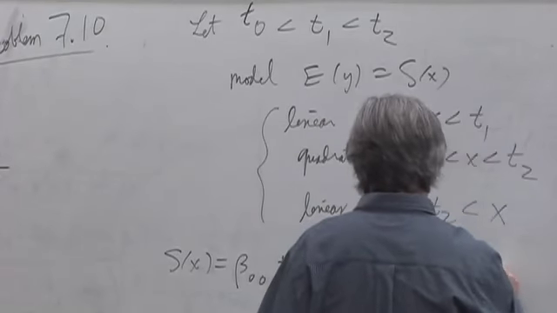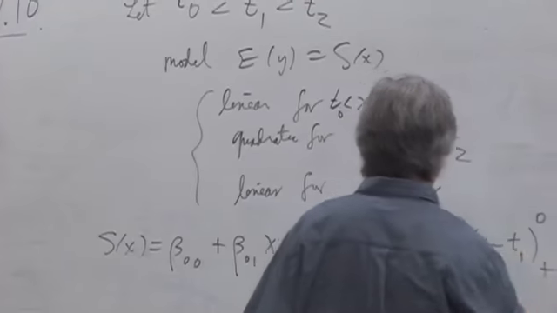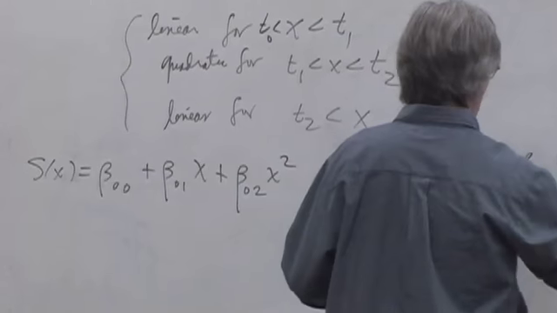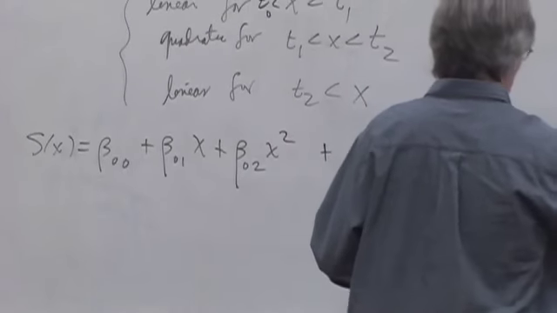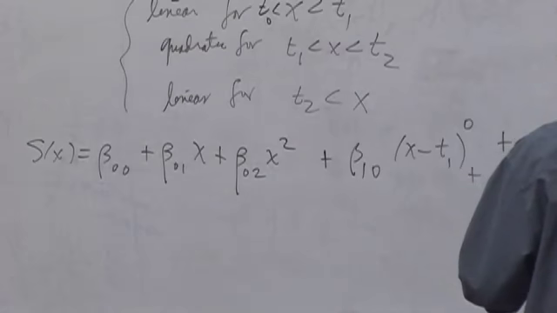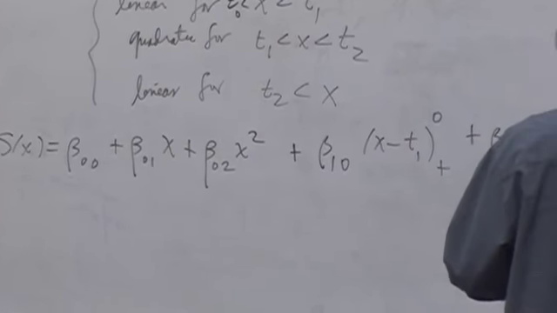Plus B10 (X minus T1)+ to the 0 power plus B11 (X minus T1)+ to the 1 power plus B12, second index corresponding to the second power.